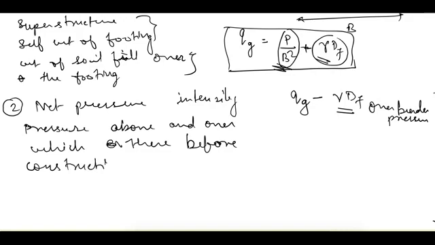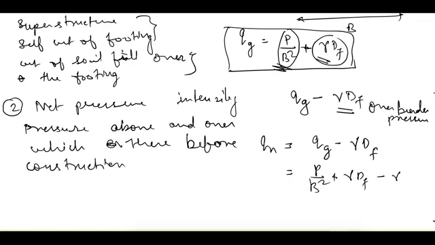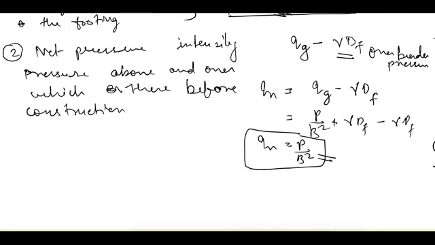So Qn we can write as Qg minus gamma df, and Qg is equal to P by B square plus gamma df, minus gamma df. So Qn is equal to P by B square. So this is our actual load due to which deformation will take place, and that is our net pressure intensity.